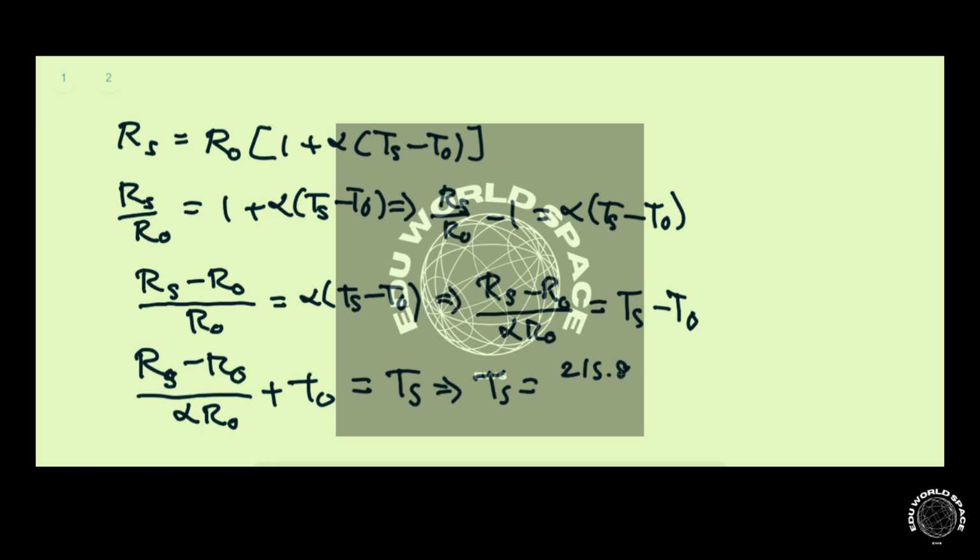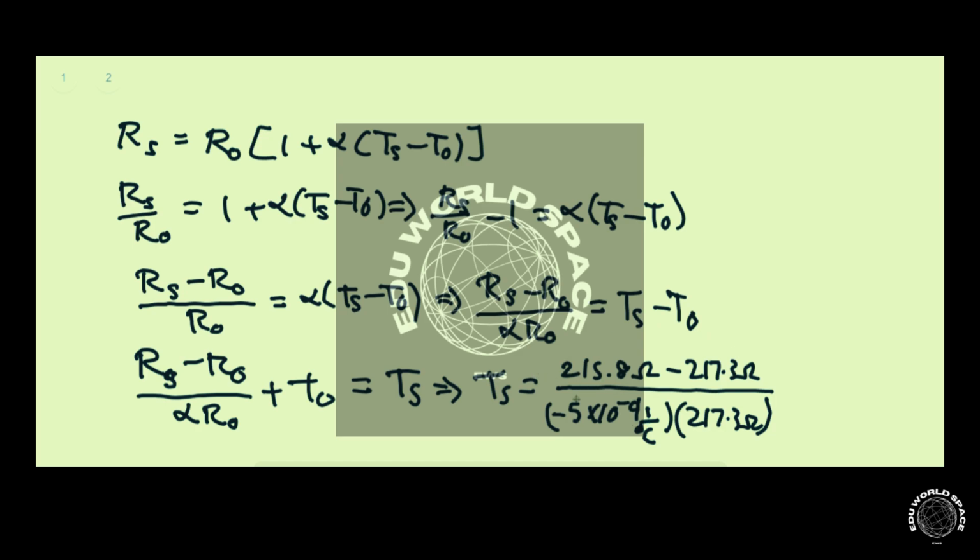215.8 ohms minus 217.3 ohms, divided by alpha, which is minus 5 times 10 to the minus 4 per degrees Celsius, so it's inverse Celsius, times R0, which is 217.3 ohms.